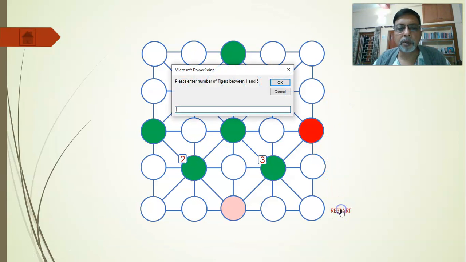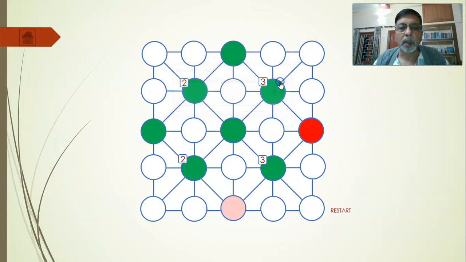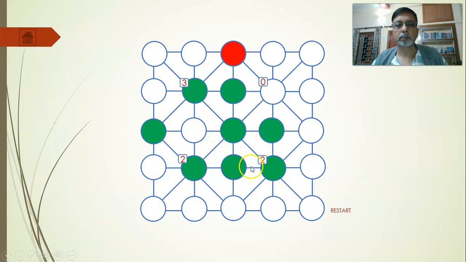Bagbandi is a nice game. You start by playing with one tiger and you play as a goat. So let me see if I can trap this tiger. Don't think I'll be able to trap.